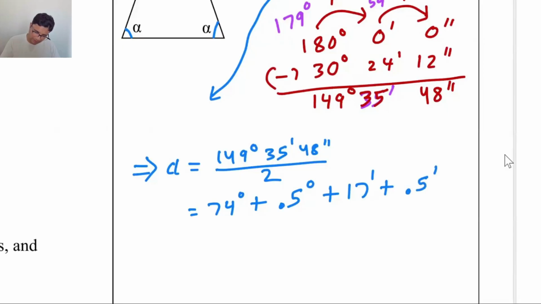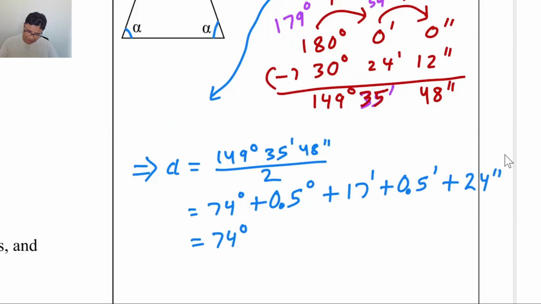I'll write 0.5 so it's not confusing to you. 35 divided by 2 will be 17.5, so 17 plus 0.5. And 48 divided by 2 is 24 seconds. So 74 degrees, no problem.